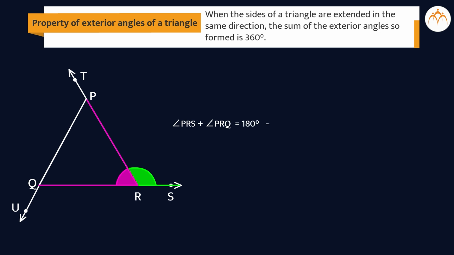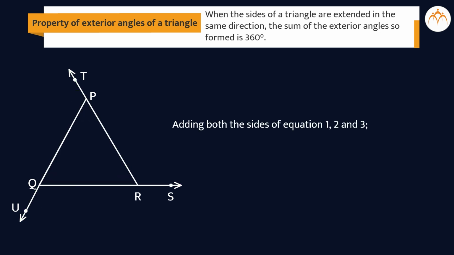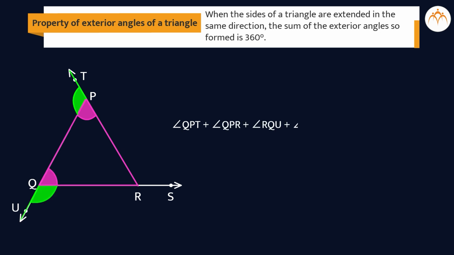Angles in a linear pair. Statement 3. Adding both the sides of equations 1, 2 and 3 gives us measure of angle QPT plus measure of angle QPR plus measure of angle RQU plus measure of angle PQR plus measure of angle PRS plus measure of angle PRQ is equal to 180 degrees plus 180 degrees plus 180 degrees.